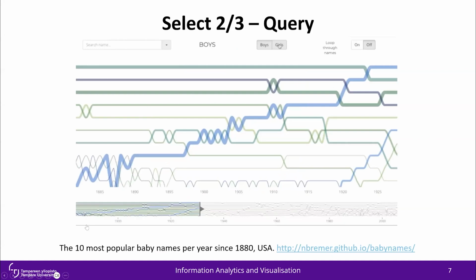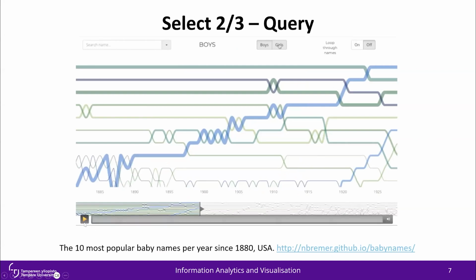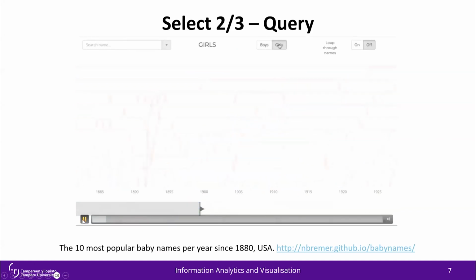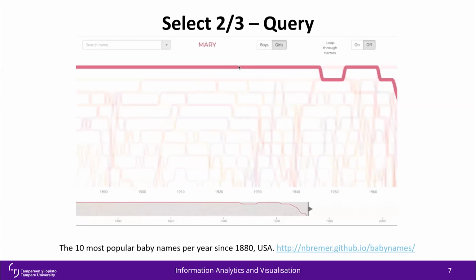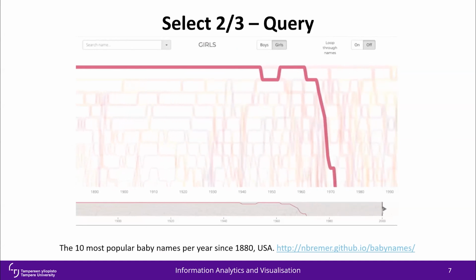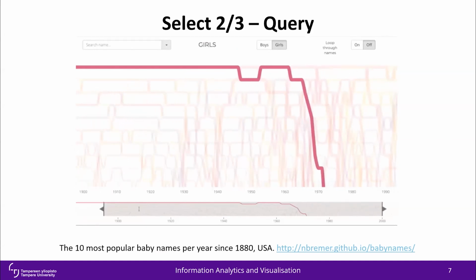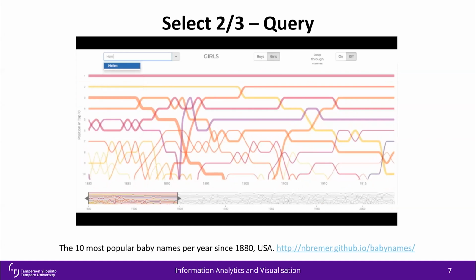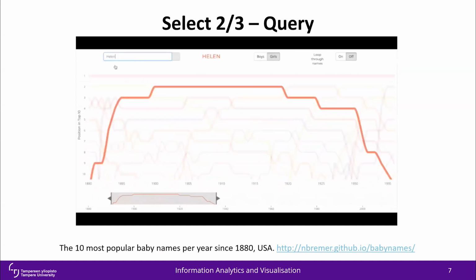Then let's talk about how we can query something. Here's the video. We can select. We have different interactive items. For example, we can expand or shrink the timeline using the bottom slider. We can have more traditional ways of selecting query items, like these list-based approaches, binary decisions.